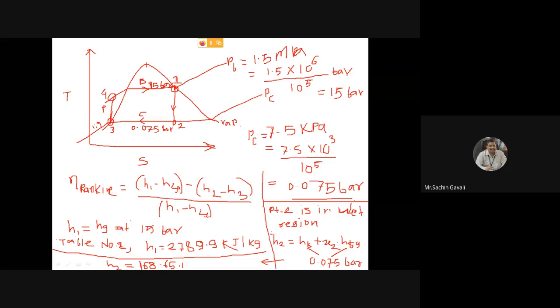Plus x2, which we do not know yet, into what is the Hfg value?